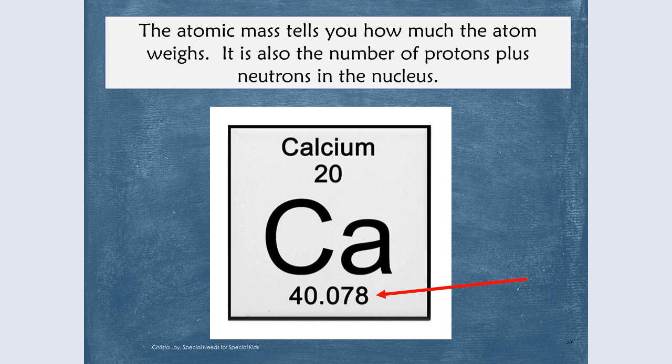Round this to 40, subtract the 20 protons, and that gives you 20 neutrons. And the 20 neutrons and the number 40 is called the atomic mass.